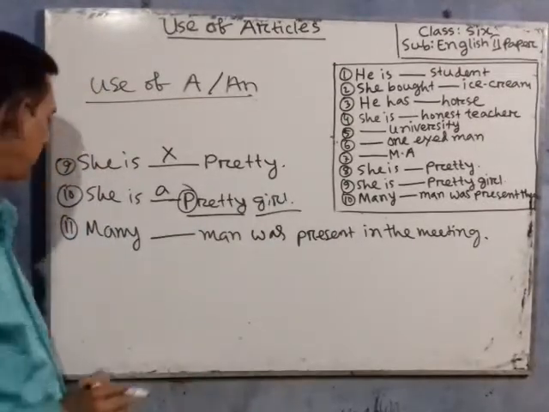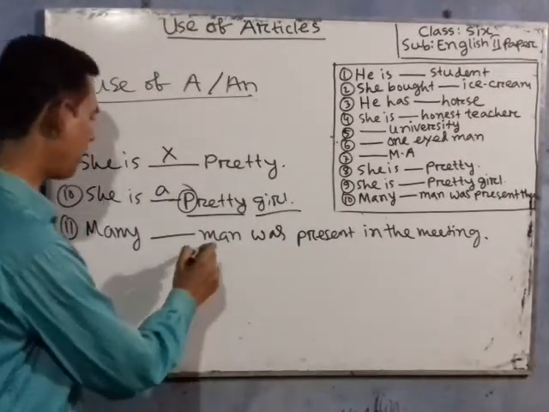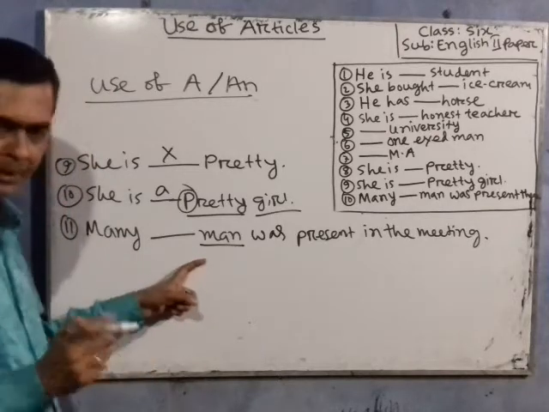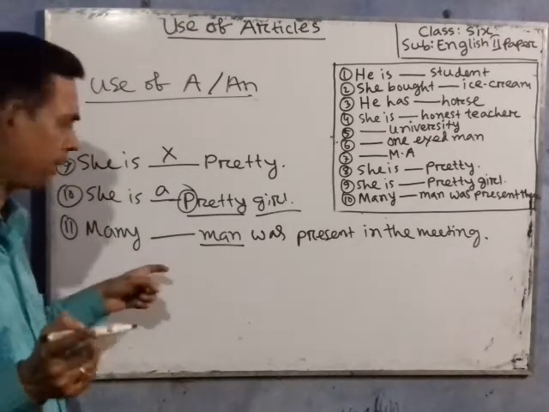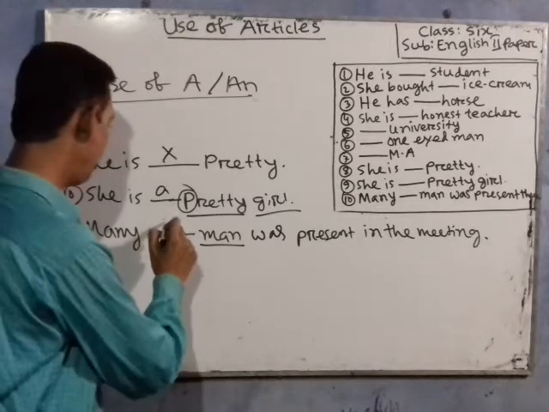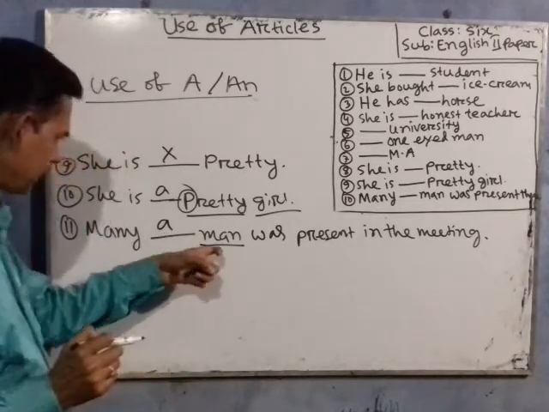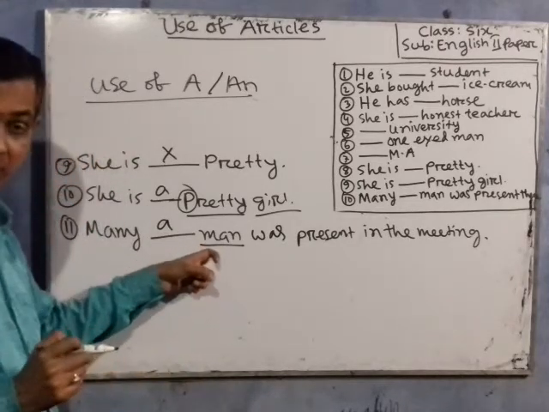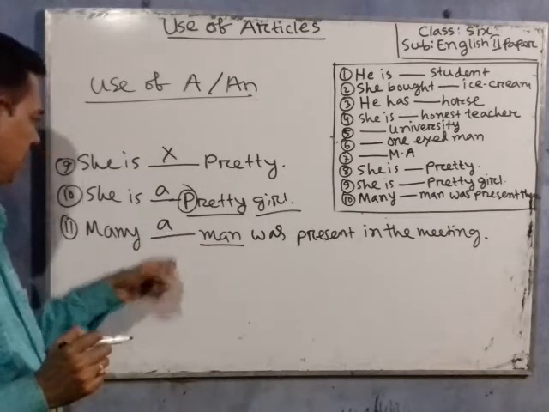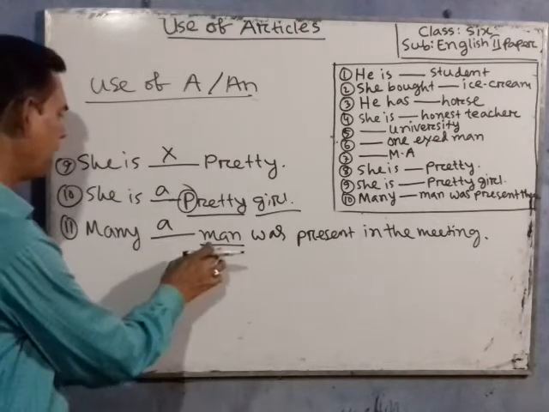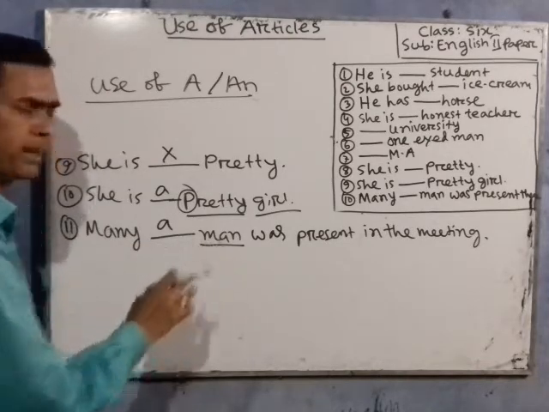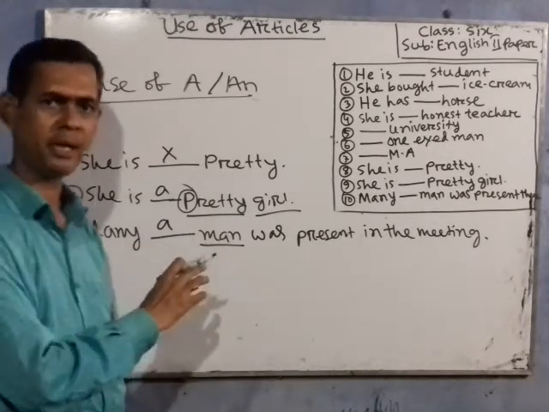So you have to remember that if there is a singular common noun after such or many, here A or N will be used. As the first letter of this word is a consonant, that is why here A is used.